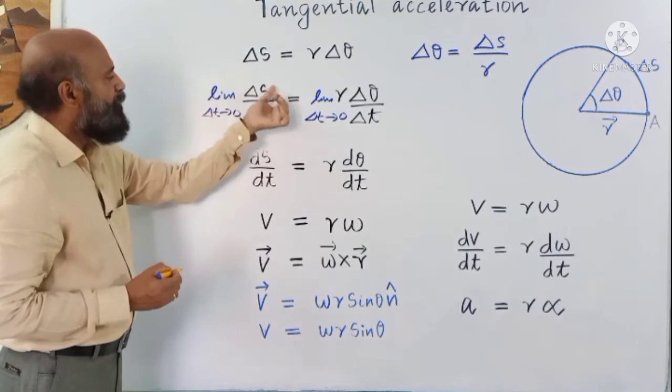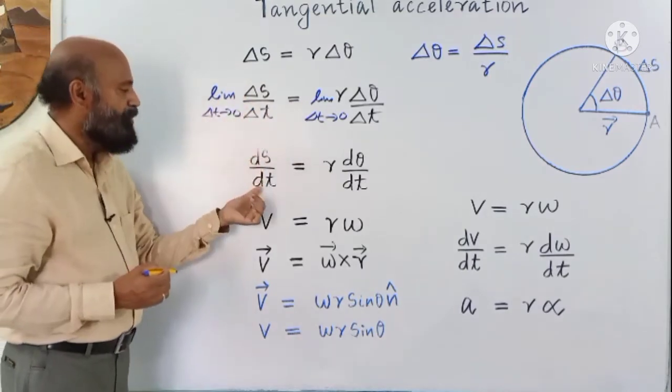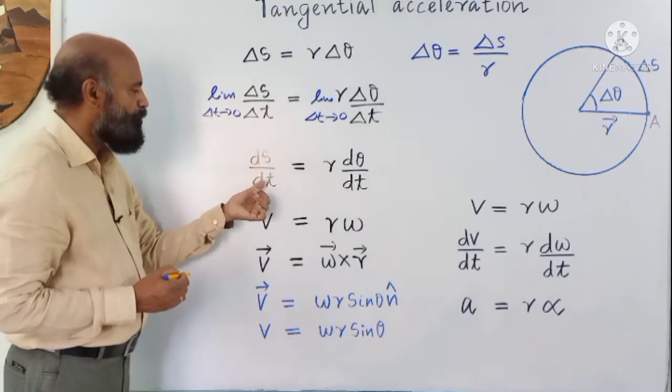Then as per calculus, delta S by delta t is ds by dt, the rate of change of displacement.